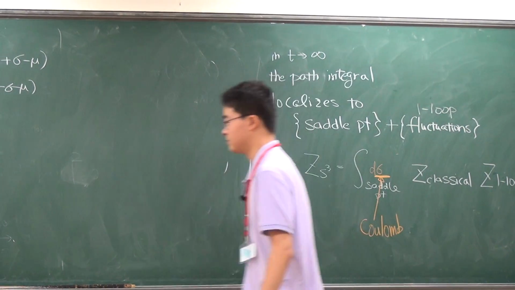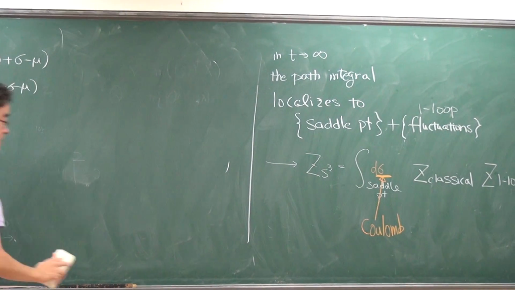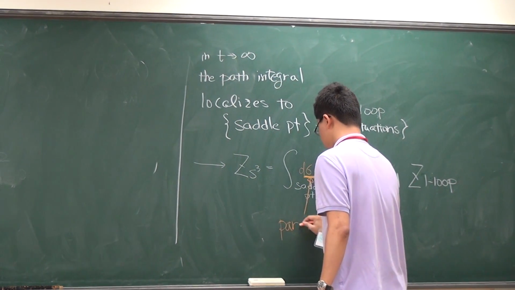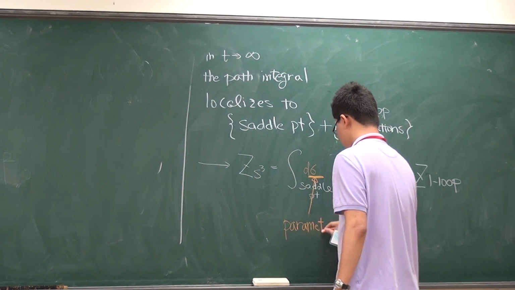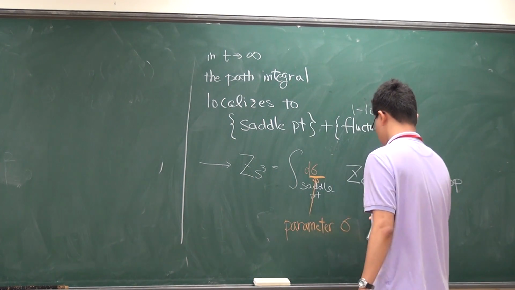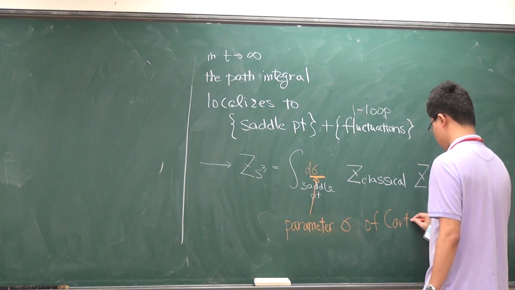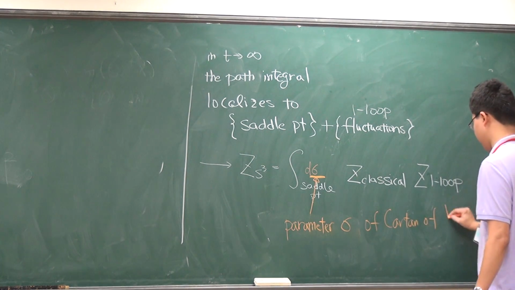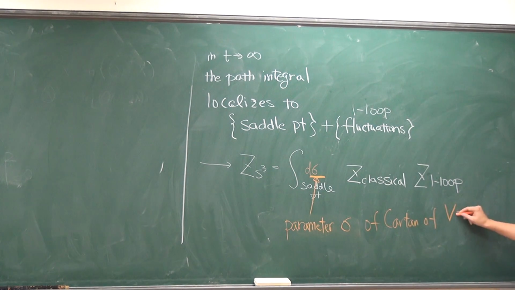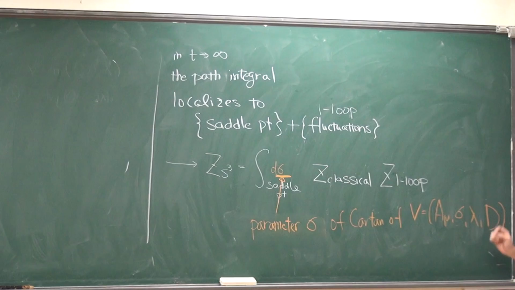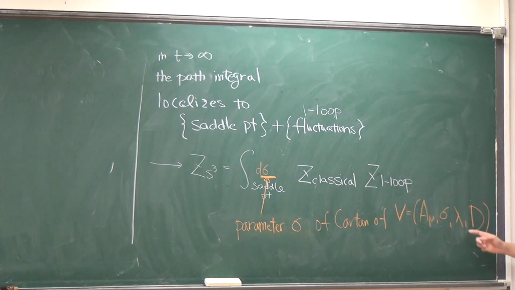Maybe I didn't introduce the Coulomb branch parameter, but the parameter sigma, sigma of the Cartan of the vector superfield. Recall that yesterday I was saying that this is the same as mu, sigma, lambda, D. And the sigma was the third component scalar. That was a real scalar.